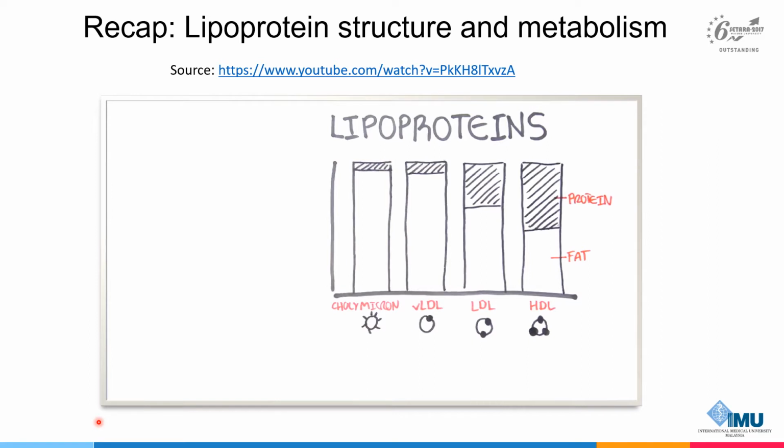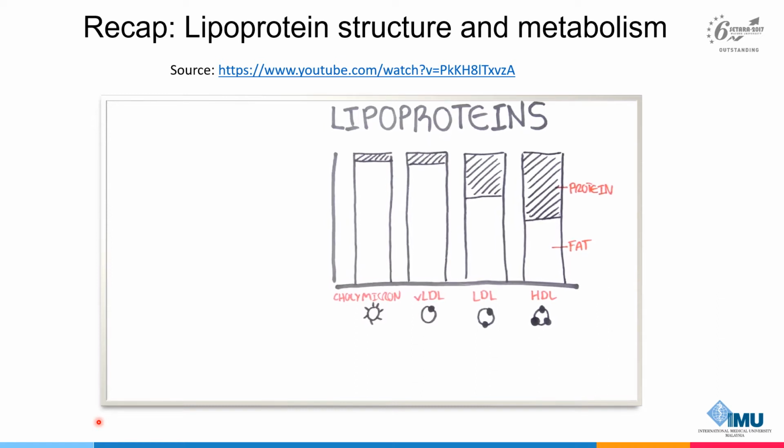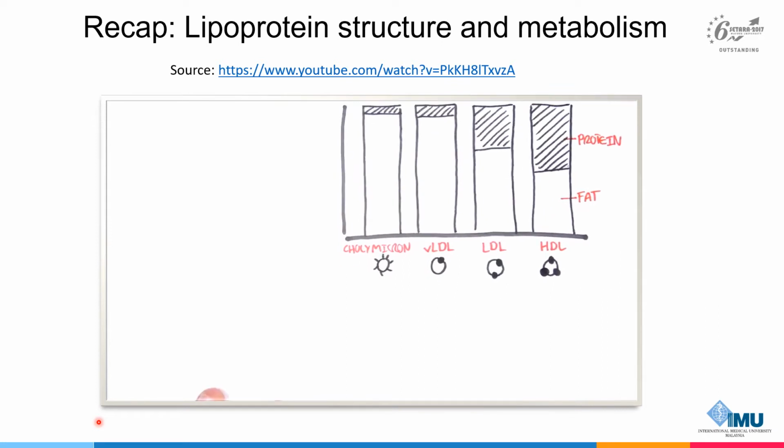LDL, low density lipoproteins, have a bit more proteins, but still mainly lipids. And then the high density lipoproteins have nearly half proteins, half lipids. So it is actually important to understand the different protein to lipid ratio in each of these lipoproteins because it somewhat relates to their function.